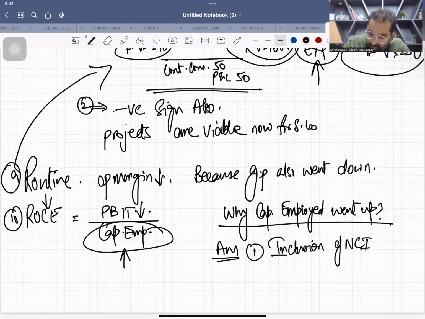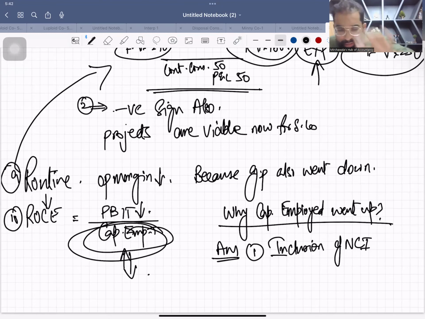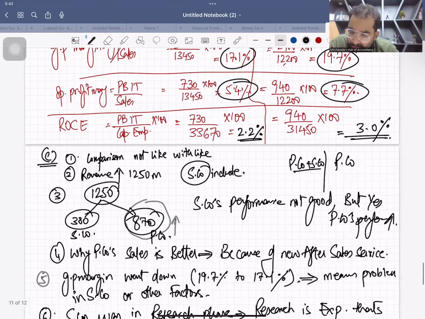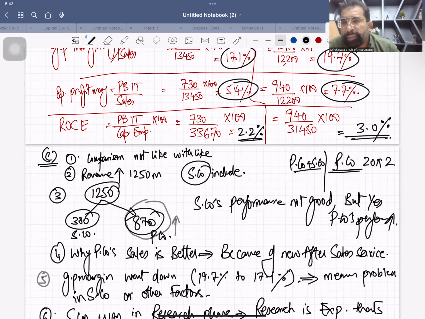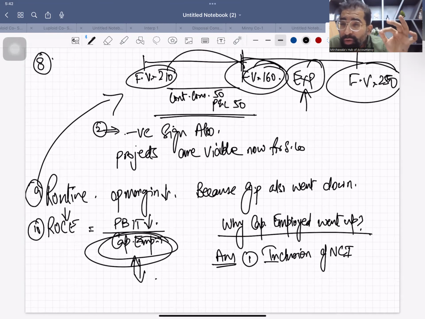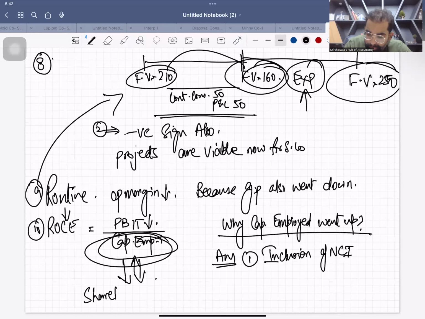So in this capital employed, last year, in 2002, the parent company was alone. Now it's P plus S. This year, in 2003, is P plus S, which means consolidated books. And in the consolidated books, don't ever forget this, capital employed is shareholder equity plus non-current liabilities plus loans.